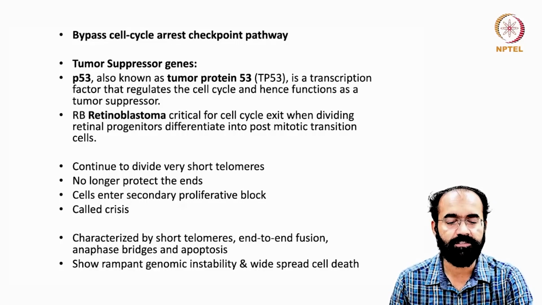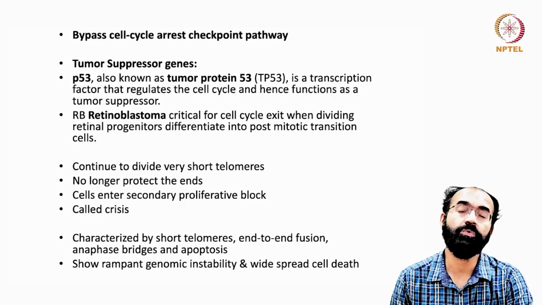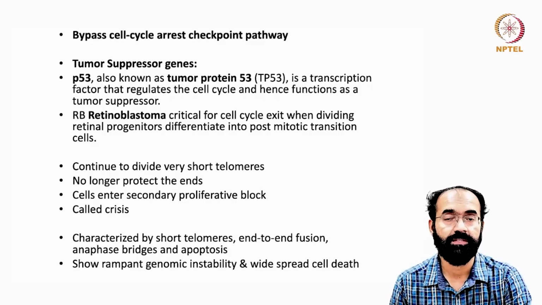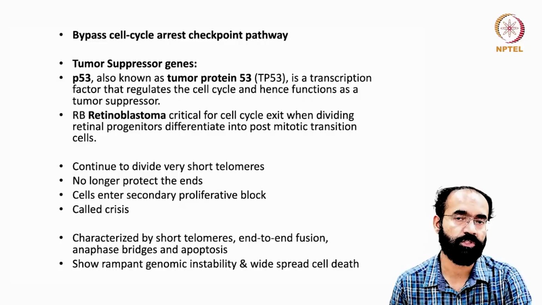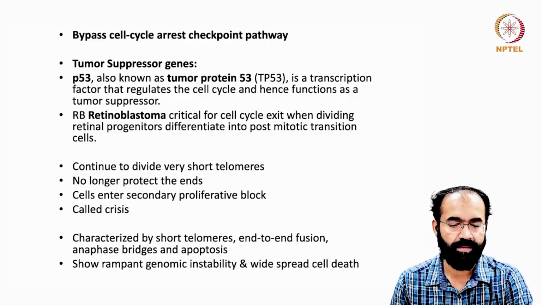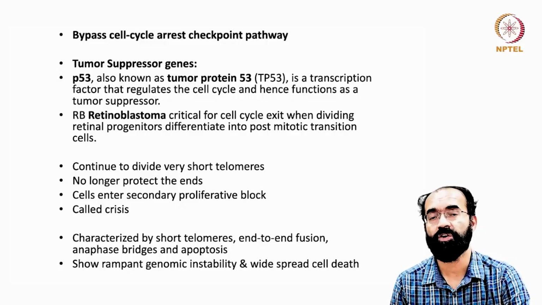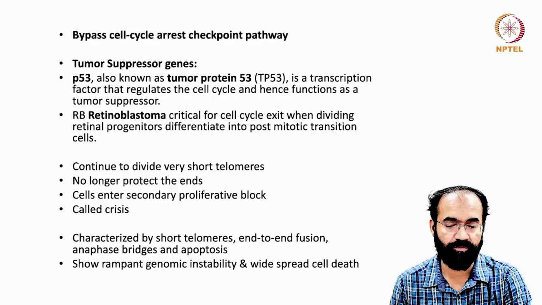So it is characterized by short telomeres, and this can lead to end-to-end fusion. Chromosomes can fuse end to end, resulting in bicentric chromosomes with 2 centromeres, and it will lead to anaphase bridges and apoptosis. Anaphase is the final stage of mitosis. It has prophase, metaphase, anaphase, and telophase.